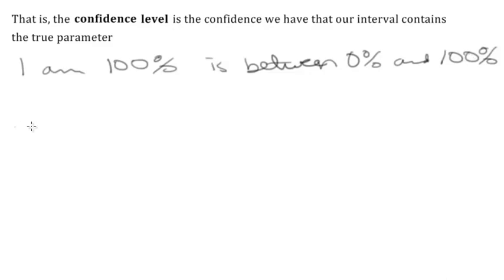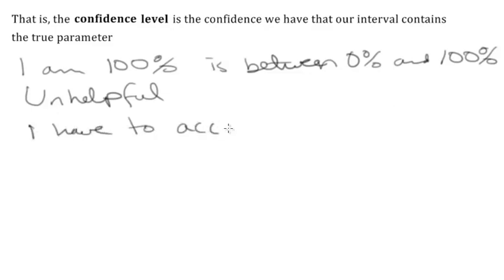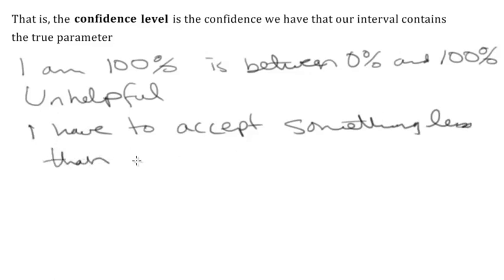And you might have noticed that's really unhelpful. How many people are voting for Trump in the next election? Somewhere between 0% and 100%. Thanks for helping there. Okay, so that's not good enough. So I have to accept something less than perfect confidence.